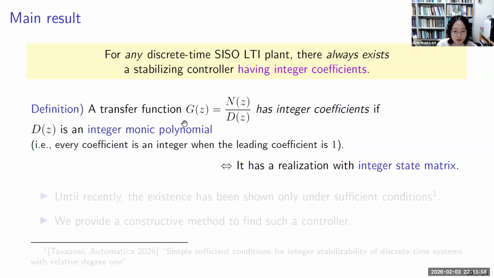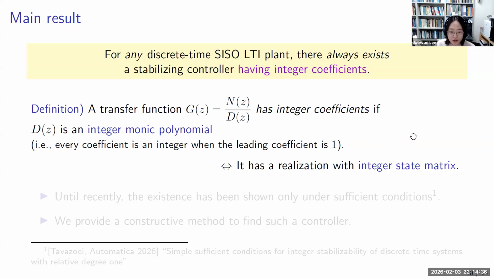A transfer function has integer coefficients if it can be expressed as a fraction of polynomials where the denominator polynomial is an integer monic polynomial, which means that every coefficient of this polynomial d is an integer when the leading coefficient is 1. So we don't say that a transfer function has integer coefficients when the leading coefficient is not 1.